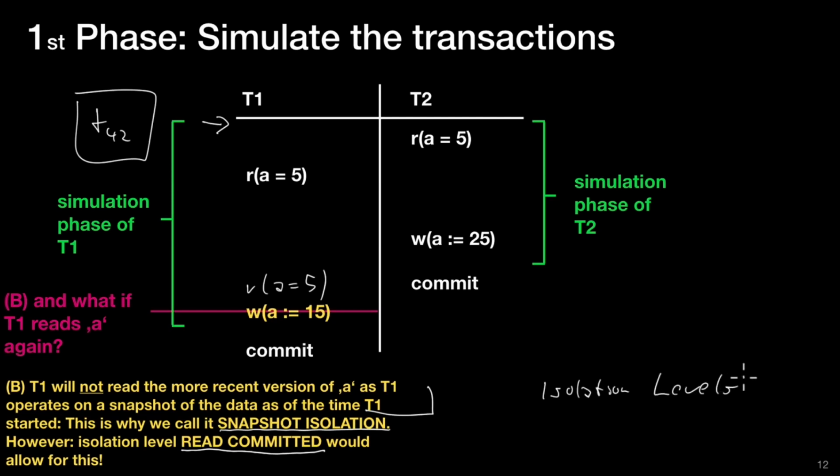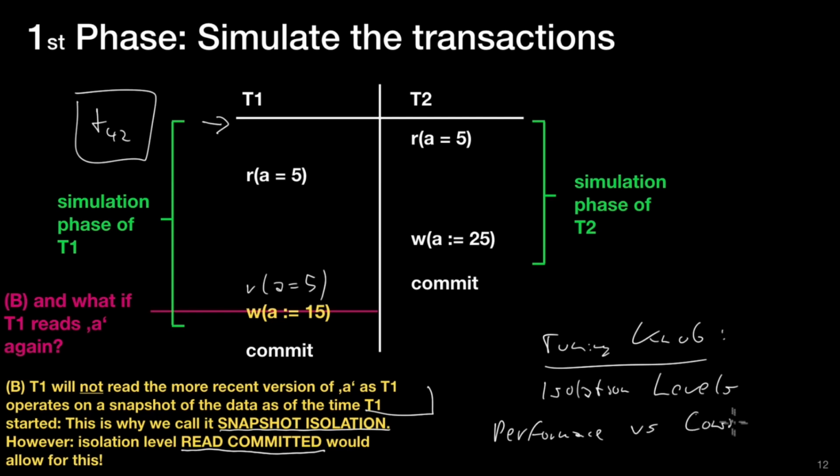That's basically a tuning knob. It's basically allowing you to trade performance with consistency, or in other words, the degree of isolation between transactions.